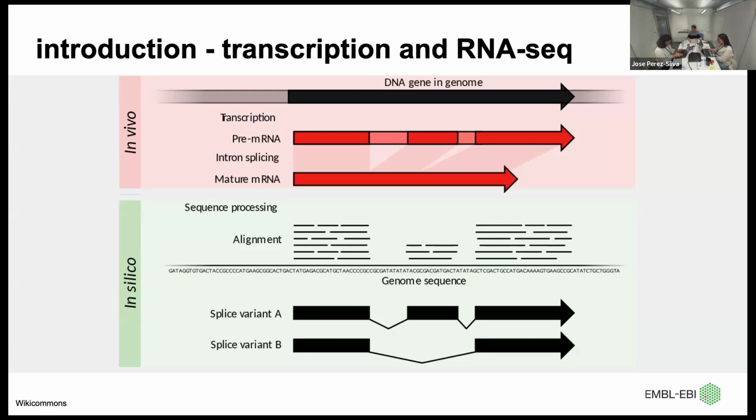We can infer the final product of this. We can assess different levels of expression of different genes, thus understanding a bit what goes on in a specific moment of the lifespan of a cell, for instance.